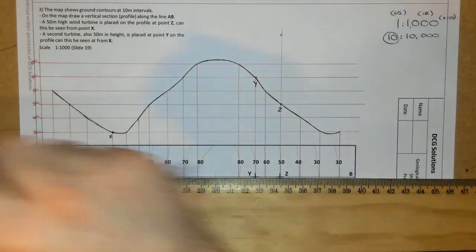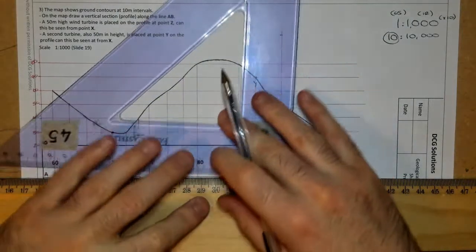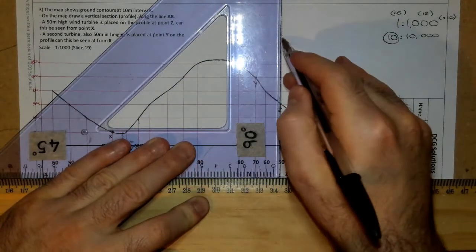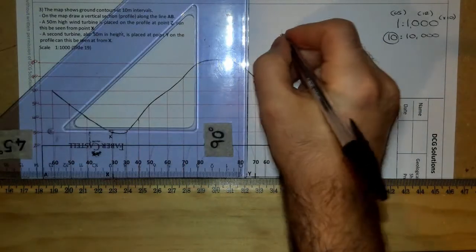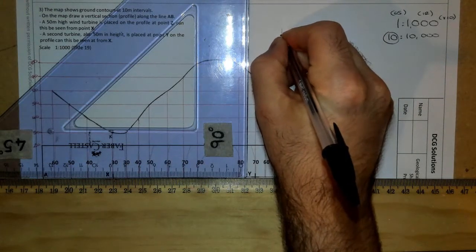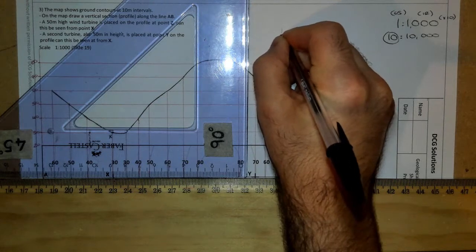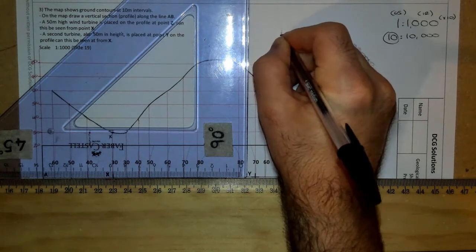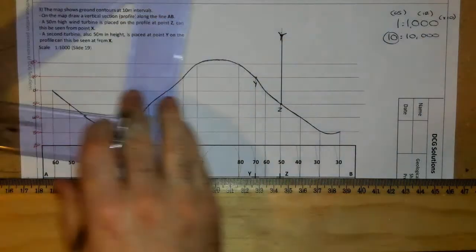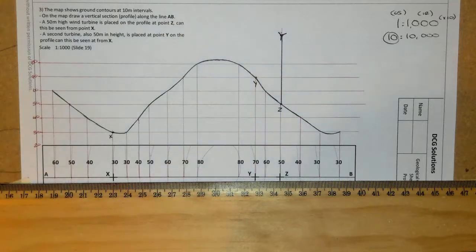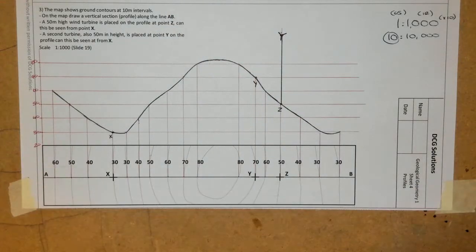So there's a little wind turbine. I'll actually put it in heavy now while I have it. Okay, there's a little wind turbine. And what they're saying is, can this be seen from X?